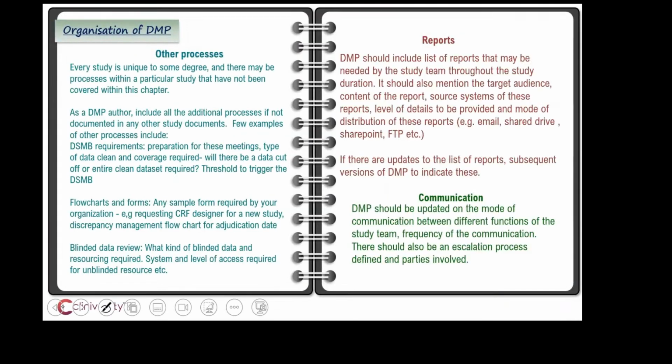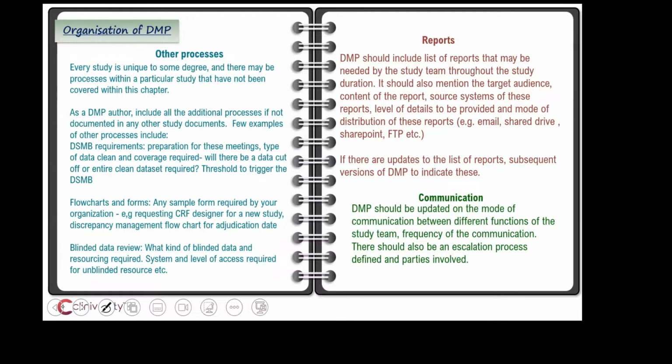Then other processes. When we say other processes, it is because every study is unique to some degree. So there will be processes within the particular study which may not be covered in any of the previously mentioned sections of the DMP or a typical standard template of the organization. If the study involves other processes, they should be detailed in the DMP.